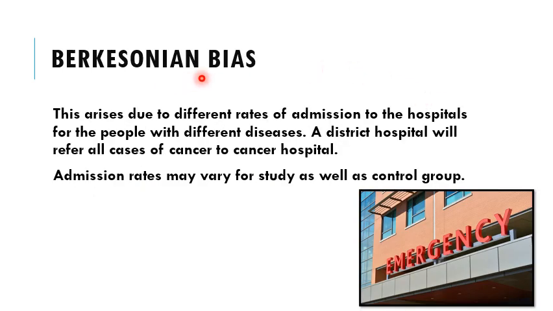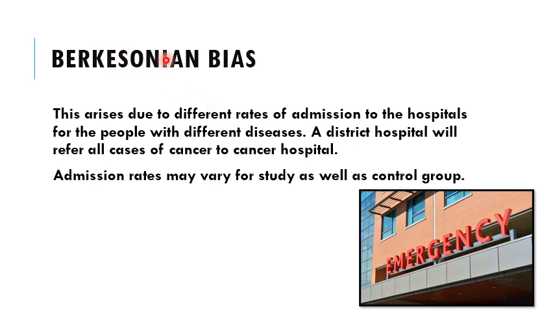There is Berksonian bias. Berksonian bias means there are different rates of admission to different hospitals. For example, if we want to evaluate the number of deaths in a hospital during the last 6 months, and we go to the emergency ward, then obviously the rate of death will be more. Or if we want to know the prevalence of cancer and we go to a cancer hospital, what will happen?